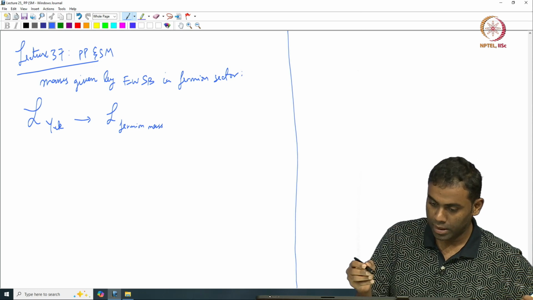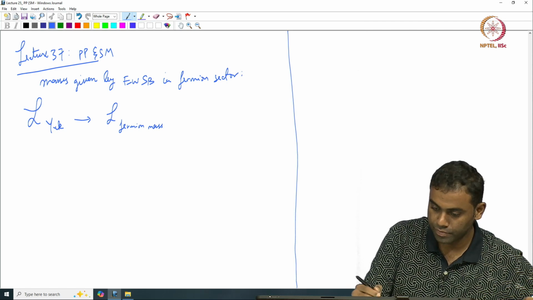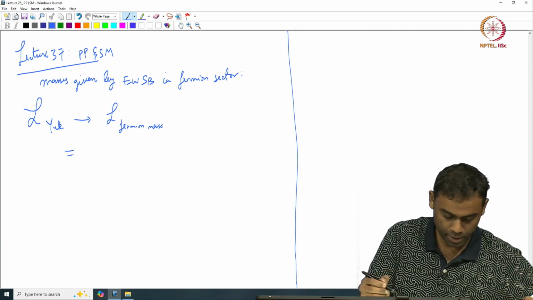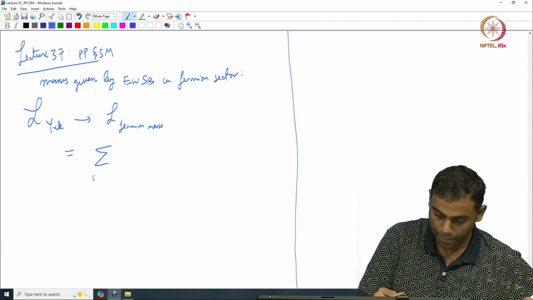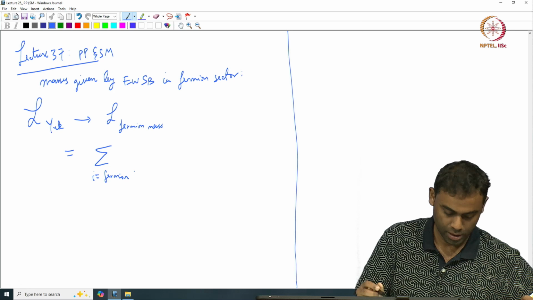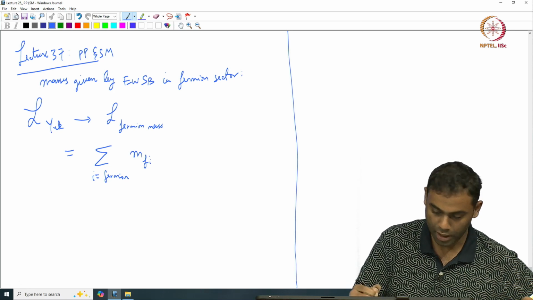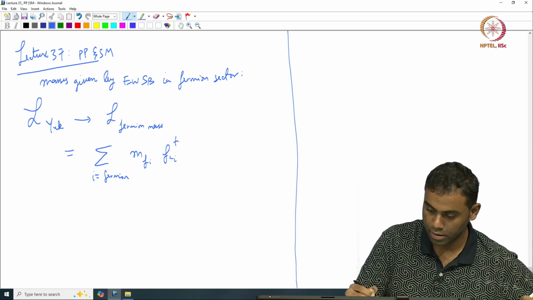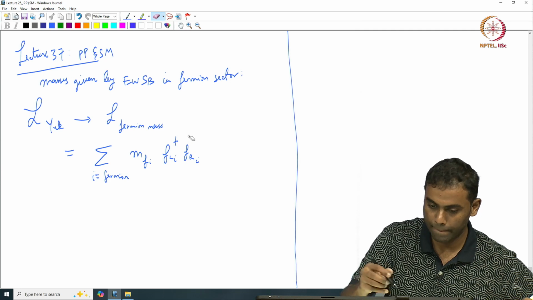And you can imagine how it would look. For every fermion I can write a mass, and again in 2 spinor notation I have a mass term that looks like this.